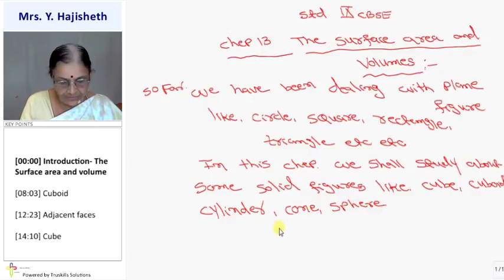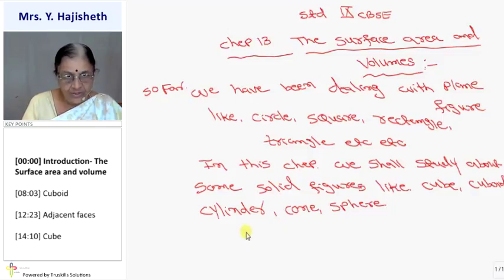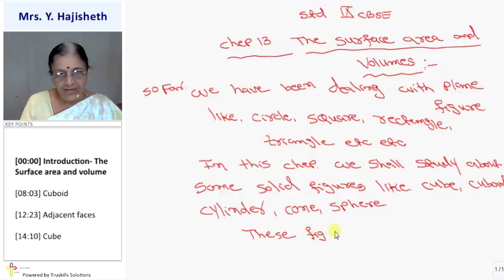All are solid figures. These figures are called three-dimensional figures. No doubt we can draw them on the blackboard, but the real exact view is not possible. Some portion will be at the back of the blackboard.